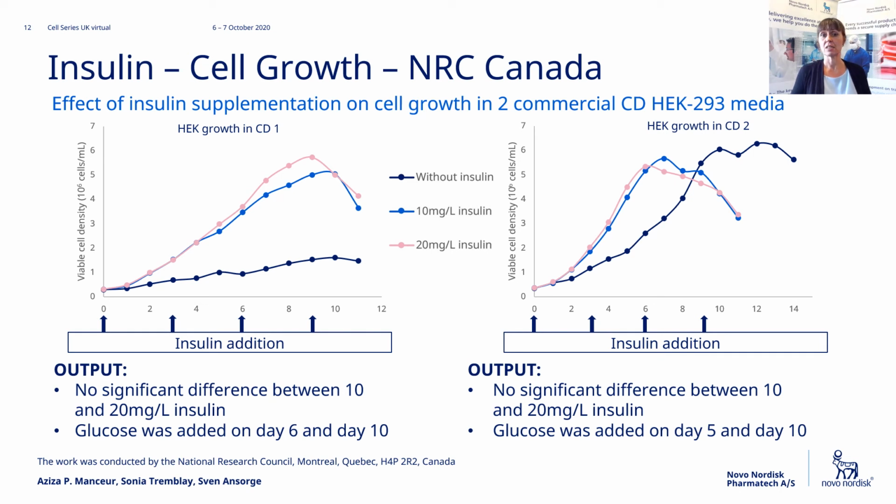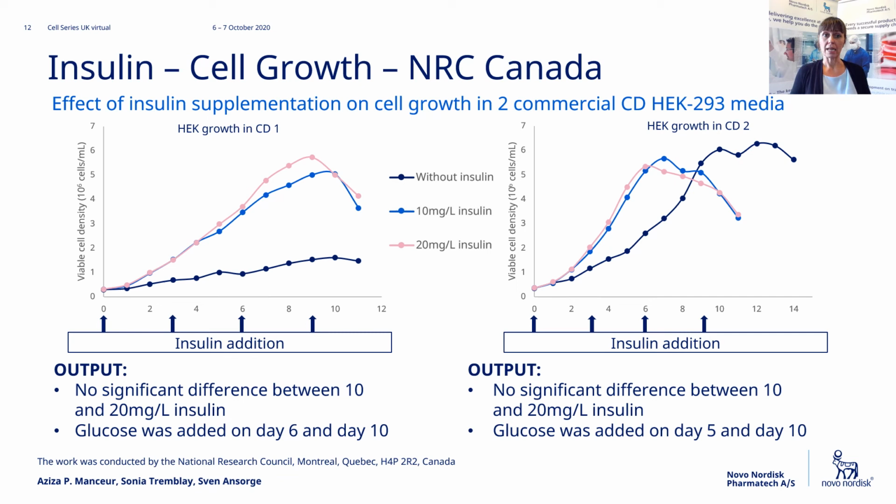Here they were tested in a commercially available CD HEK-293 media called CD1 and an in-house CD HEK-293 media called CD2 here, with and without insulin supplementation. Insulin additions were performed every 72 hours at 2 different concentrations, 10 and 20 milligrams per liter of insulin.